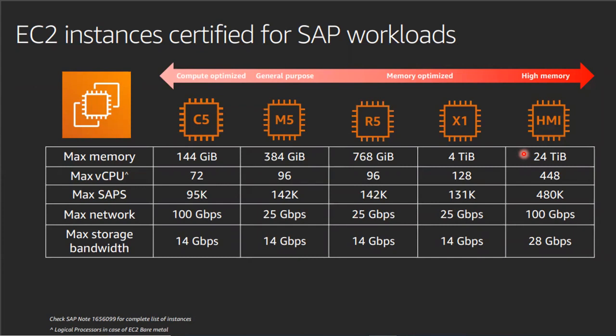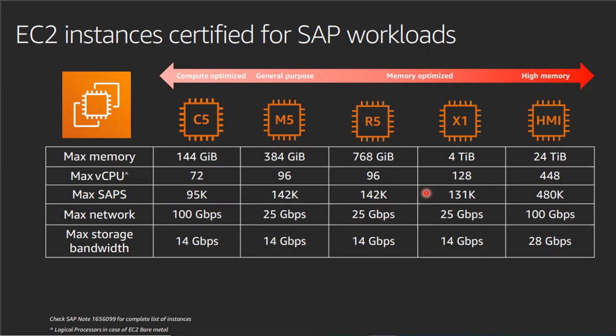With C5, up to 95K SAPS is supported, and it will increase for the remaining series. For M5 it's 142K, R5 it's also 142K. And if we talk about the high memory instance, you can go up to 480K SAPS. As you choose a bigger instance, you'll get better network bandwidth.